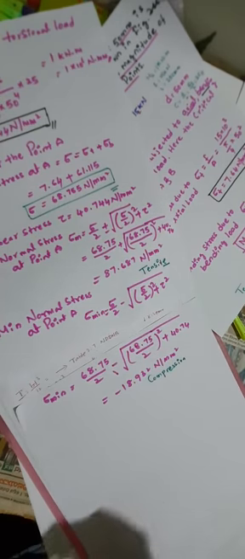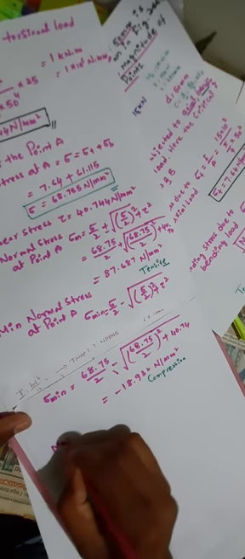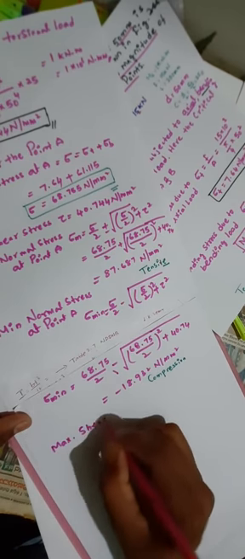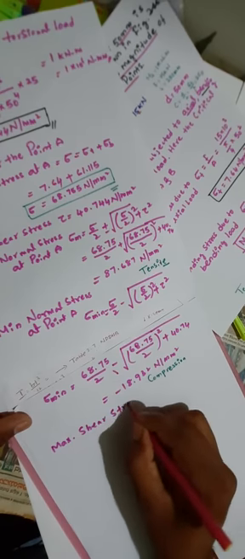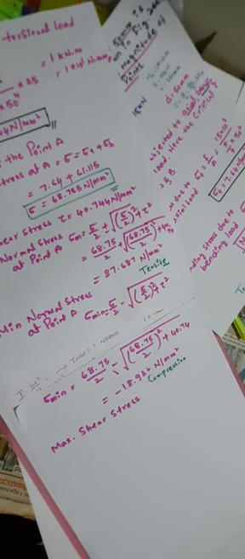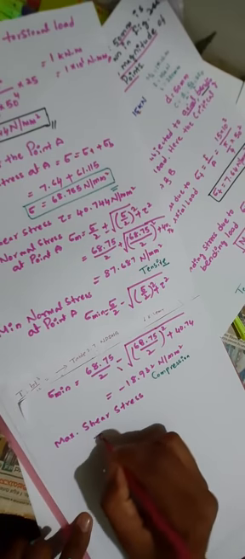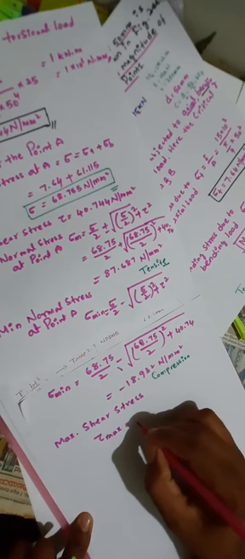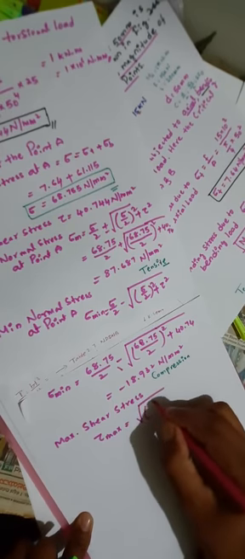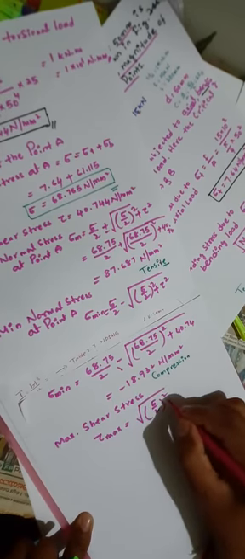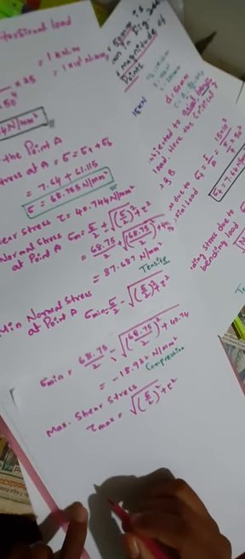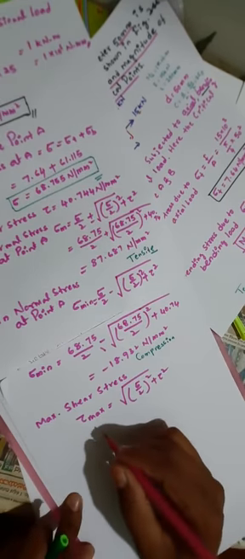Okay, here we need to find out the maximum shear stress with respect to point A. Tau max is equal to square root of sigma by 2 whole square plus tau square. This is the formula used to find out the maximum shear stress.